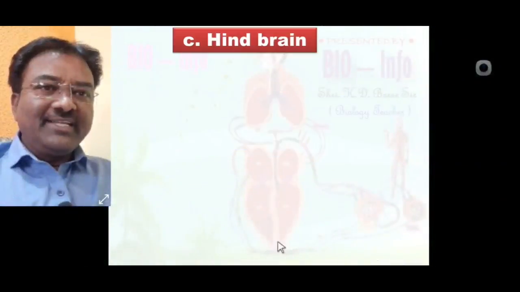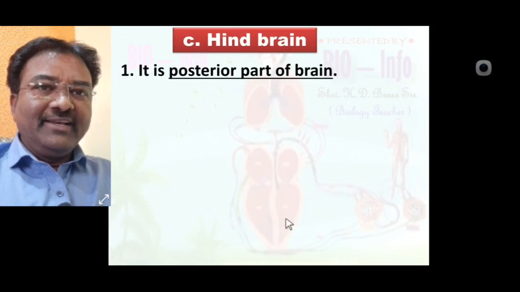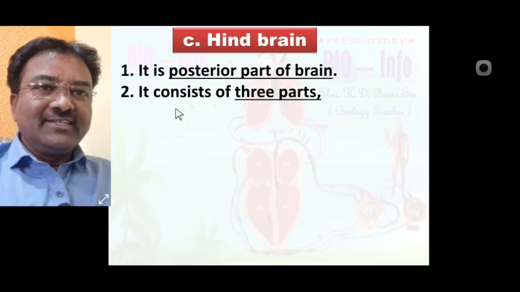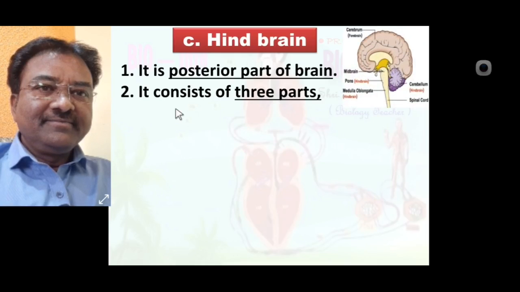Now we learn the third part of the brain, known as the hindbrain. It is the third part of the brain, present in the posterior part of the brain. It consists of three parts.